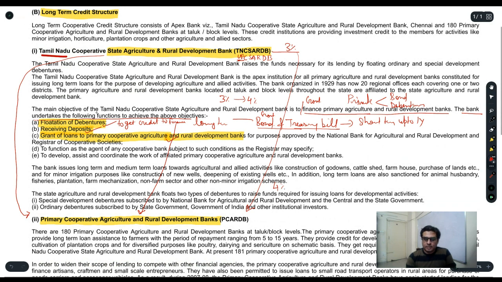And then they will return this loan. So 1% they use for administrative cost, and 3% they return to those people from whom they have taken the loan. And in order to take the loan, they have floated the debentures, right?